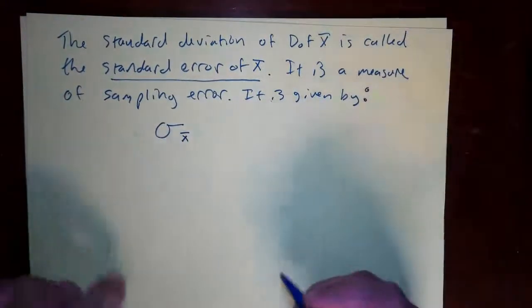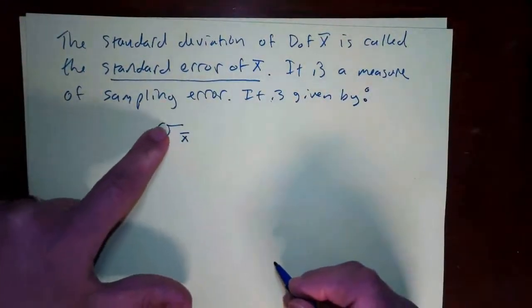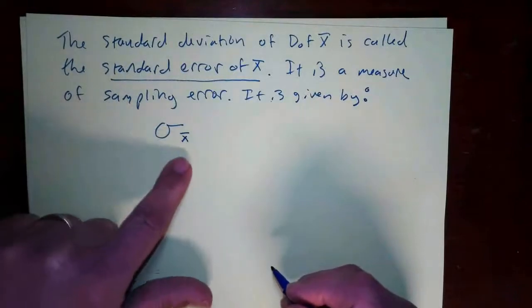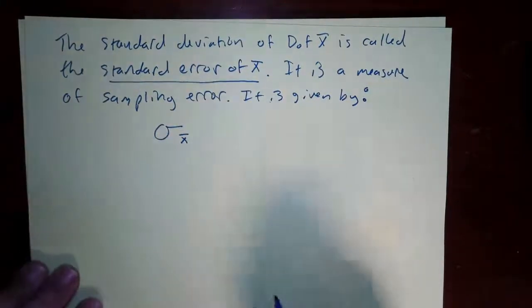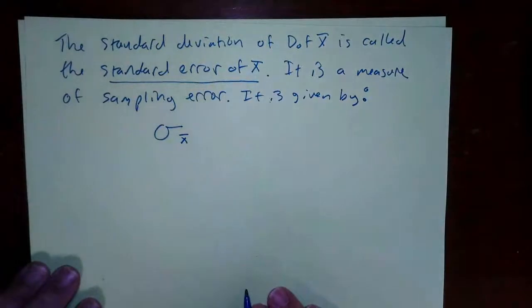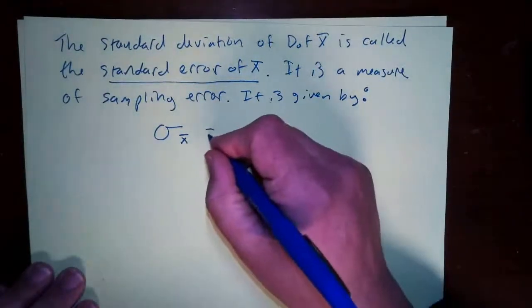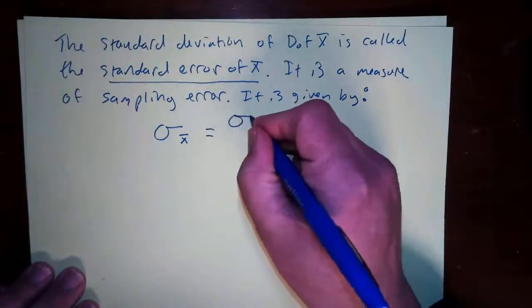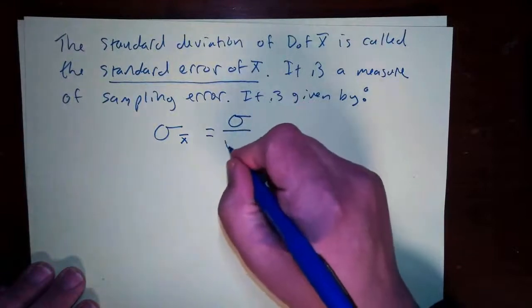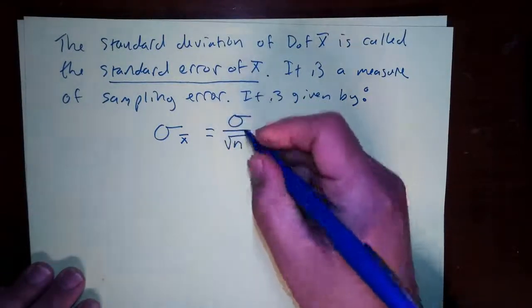Okay, so this is the symbol. It's the sigma, the standard deviation symbol for a population, with a little x bar subscript there, and it is equal to the standard deviation of the population divided by the square root of n.